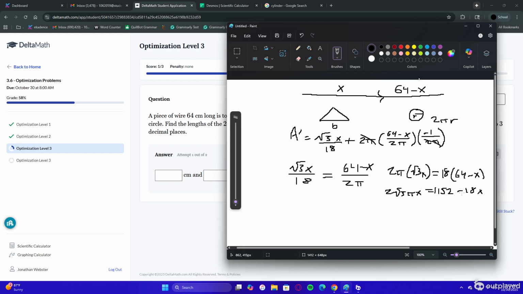And moving our x's to one side, we'd get 2 root 3 pi x plus 18x is equal to 1152. So now, taking an x out of all of that, we'd get x times 2 root 3 pi plus 18 is equal to 1152.